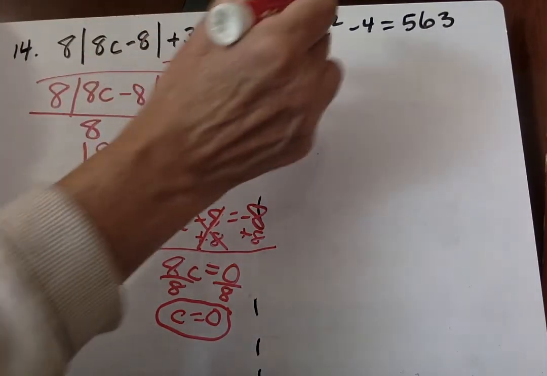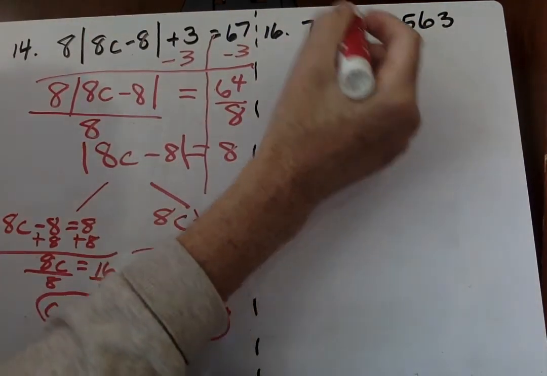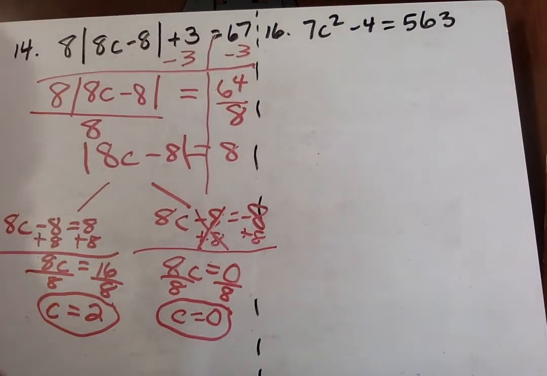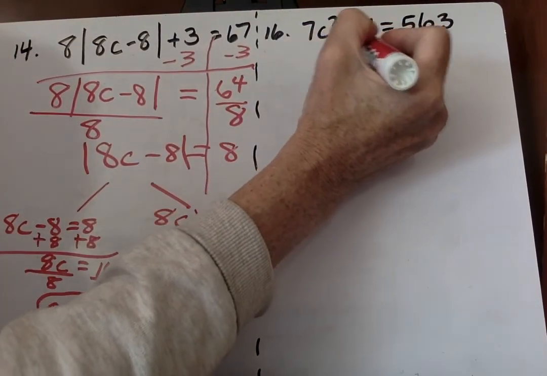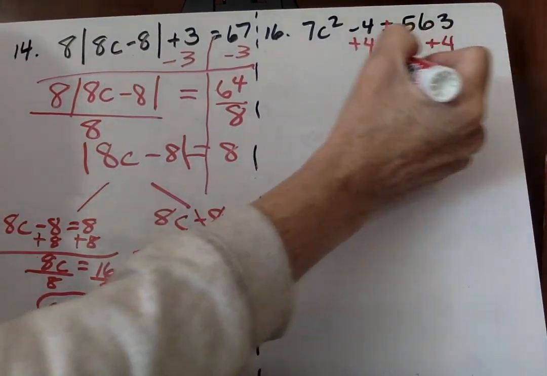Now we're going to go over here and do one with something squared, because I don't know if you remember how to do that part of it. Okay, so what we want to do is isolate the c squared, just like over here we isolated the absolute values. So first thing we want to do is get rid of the 4. So we're going to add 4 to each side.